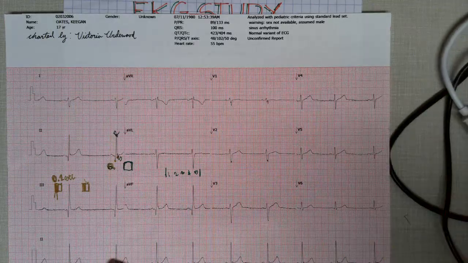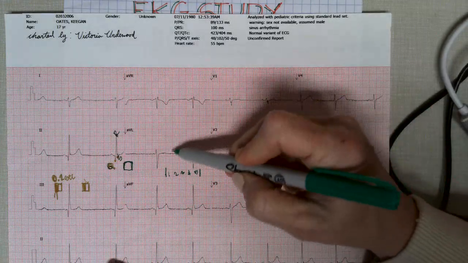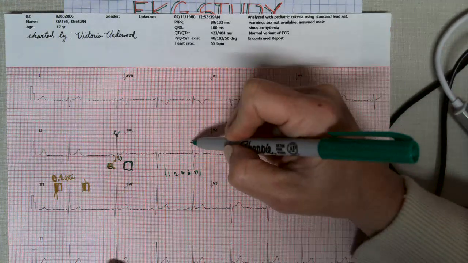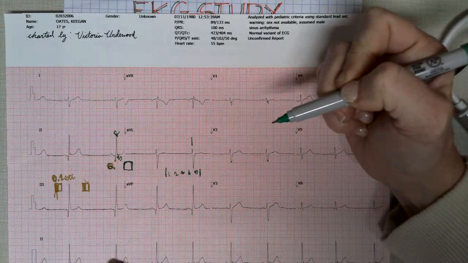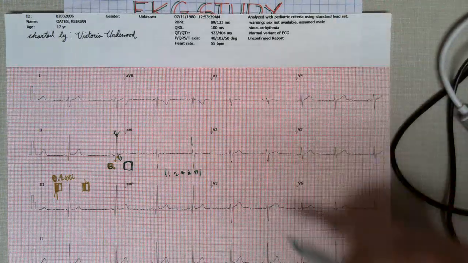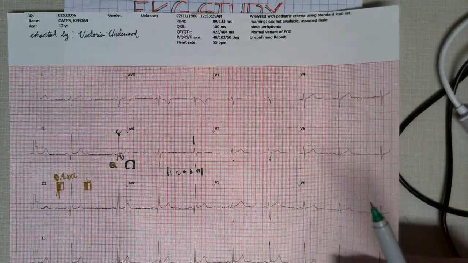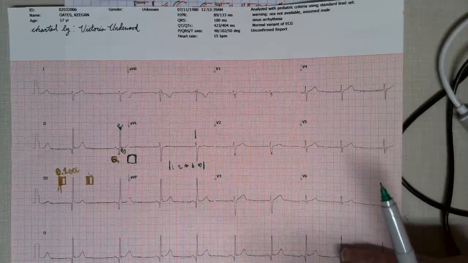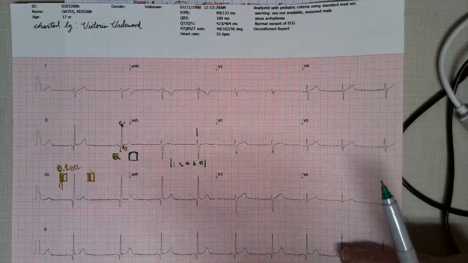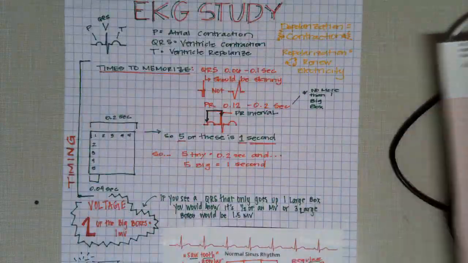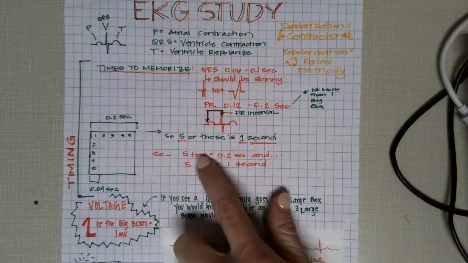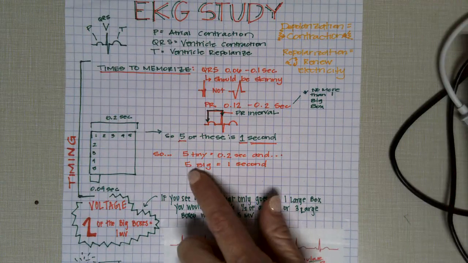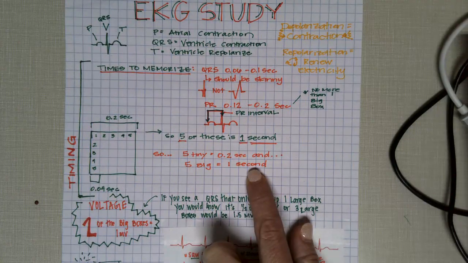Okay? So in this 1 second of this particular one, we just have one QRS complex there. All right? So 5 of those big boxes, I say big with a grain of salt because there's tiny boxes and then there's a little bit bigger boxes, are 1 second. So 5 tiny equals 0.2 and 5 big equals 1 second.